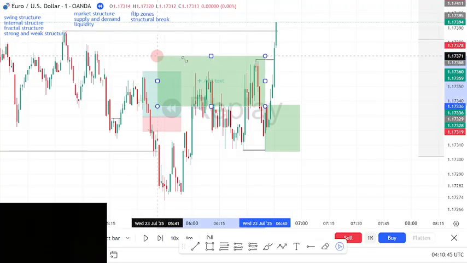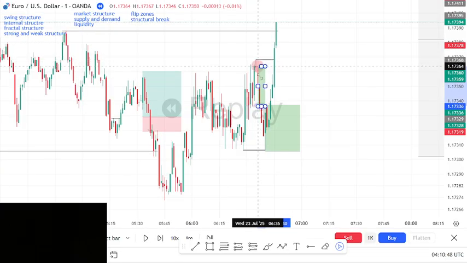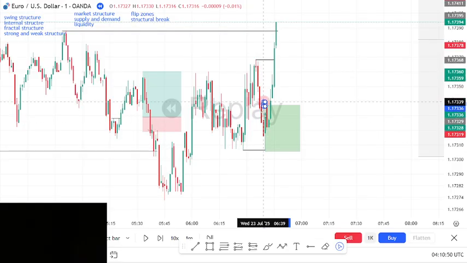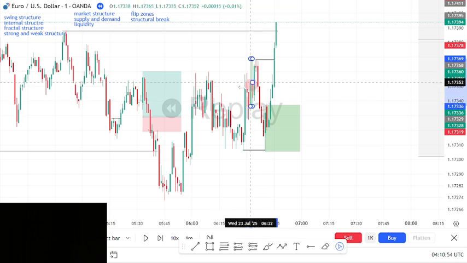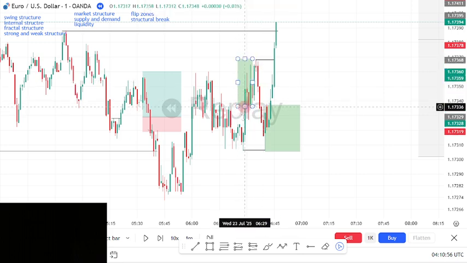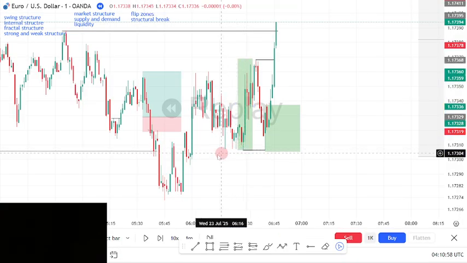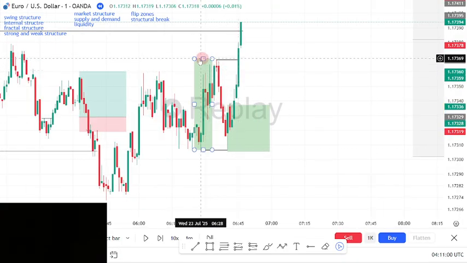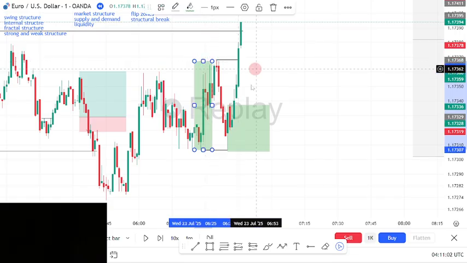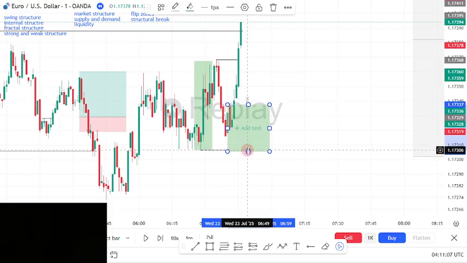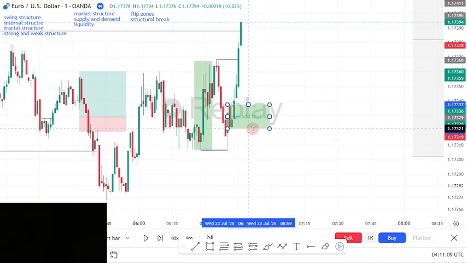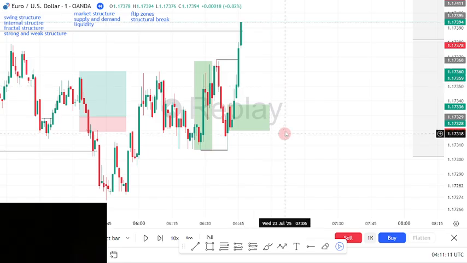So from this failed reaction, from here to the low will be our flip, but we know that mitigation can happen from any of these zones, which is also our supply range, right? Mitigation can happen from any of these zones, but we will expect much of the mitigation to really move away from here.